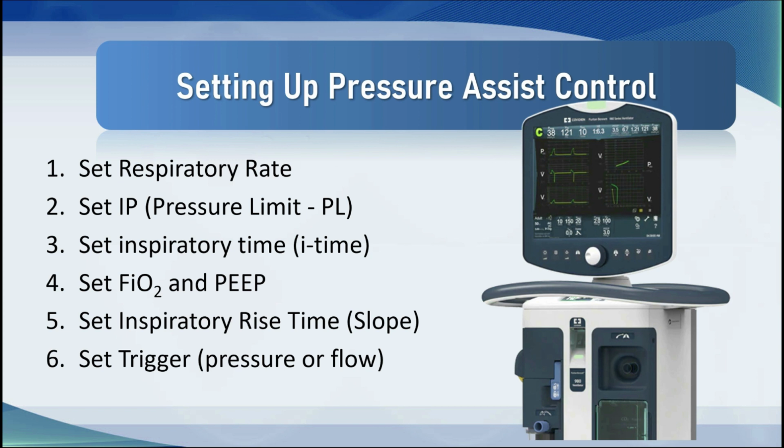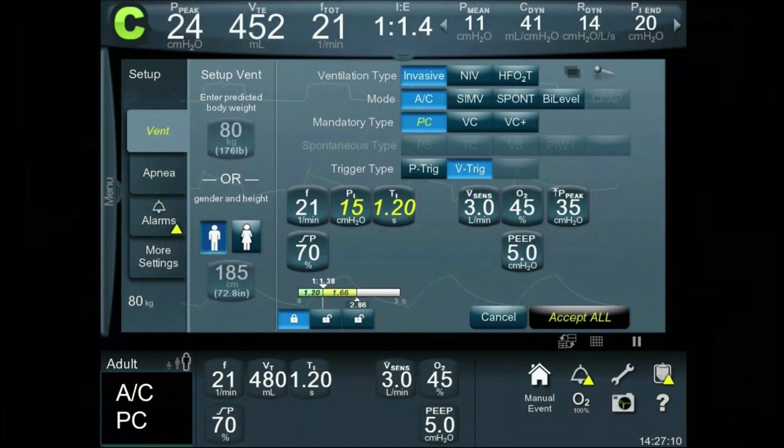Then you set the FiO2 and the PEEP according to the patient's needs. You adjust the inspiratory rise time or the slope, and this needs to be crafted for the patient. And if you expect the patient to breathe, which you should, then you have to set a trigger, and that can be a negative pressure trigger or a flow trigger.